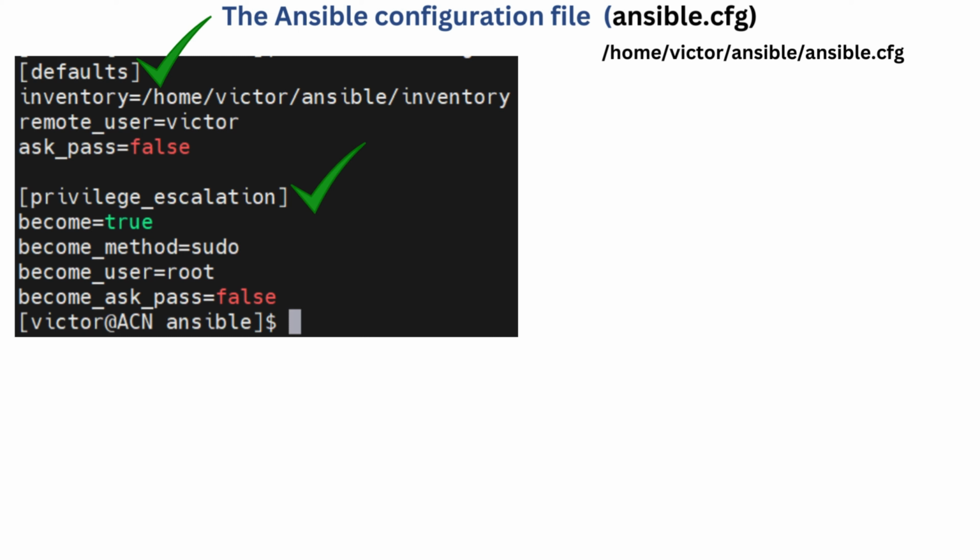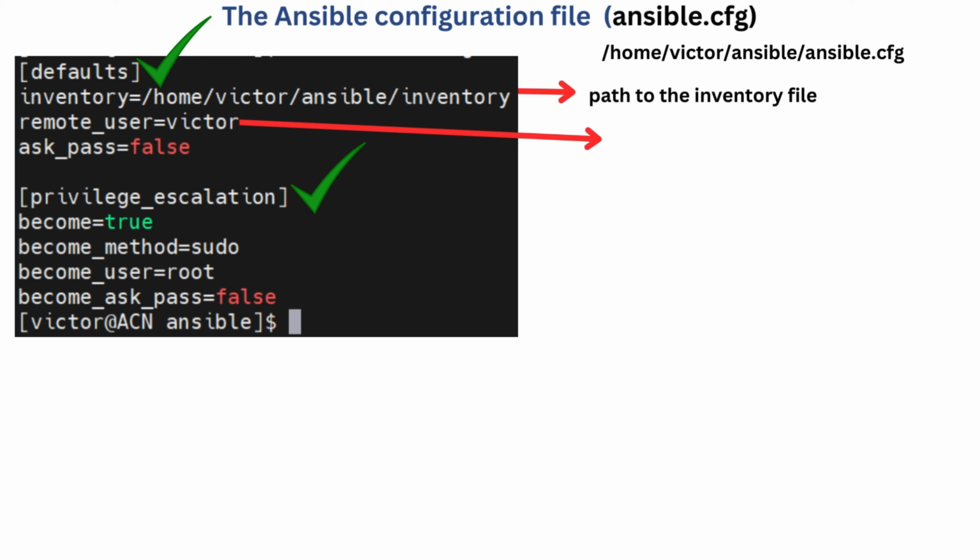So for the default section, we can have parameters such as the inventory, and this will be the path to the inventory file. So here, the path to the inventory file will be /home/victor/ansible/inventory. And we can also have parameters such as the remote_user.